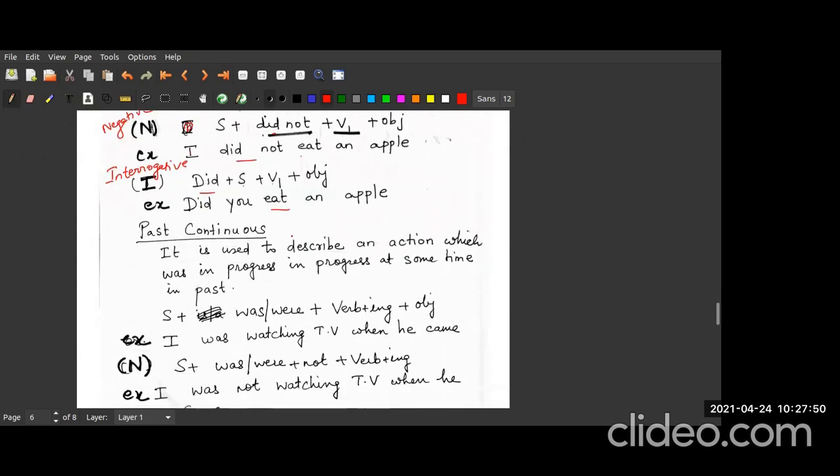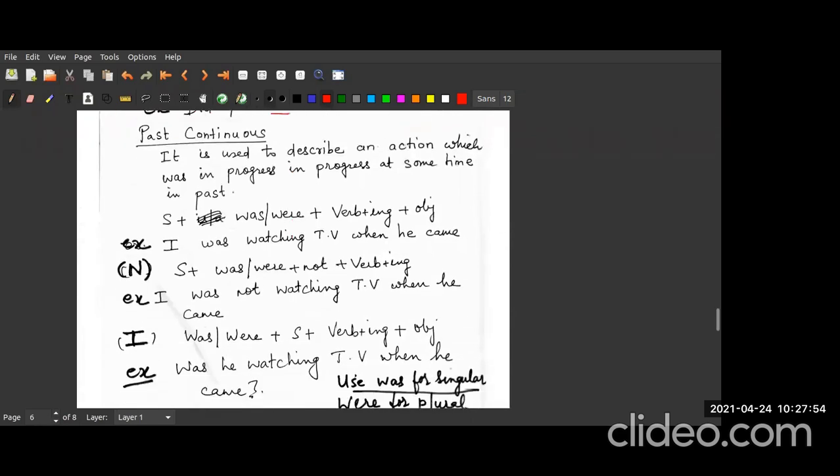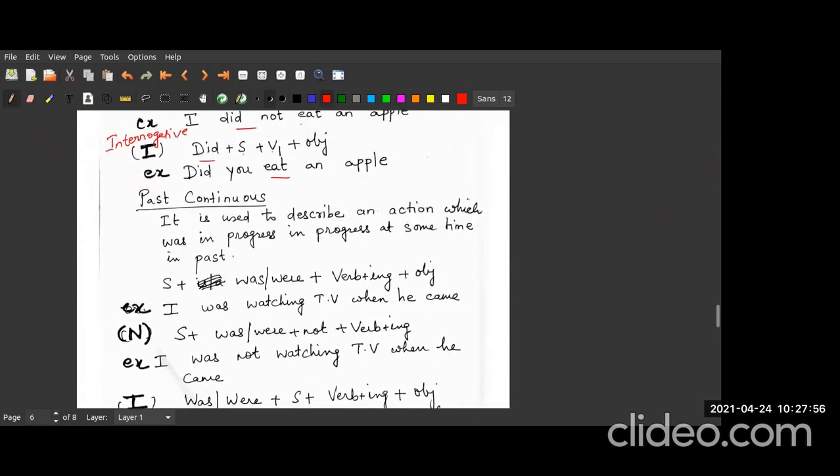Then past continuous. As we know, continuous also means progressive. So past continuous is also called past progressive, because the action continued, whether in the present or in the past. So what is the structure of past continuous?